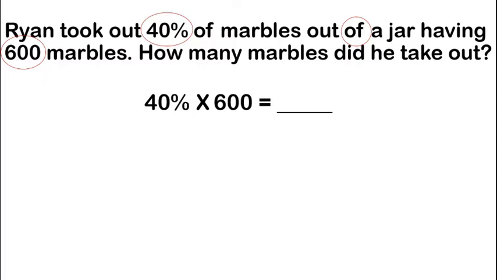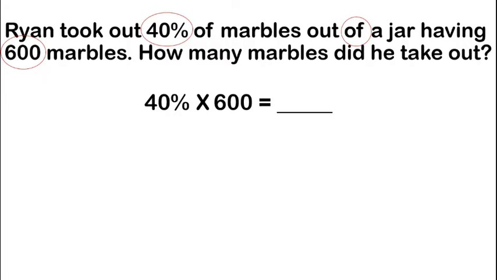As you can see here, 40% times 600 cannot be multiplied directly. Why? Because your 40% still has its percent symbol. So the first thing we're going to do is convert our percent into a fraction.